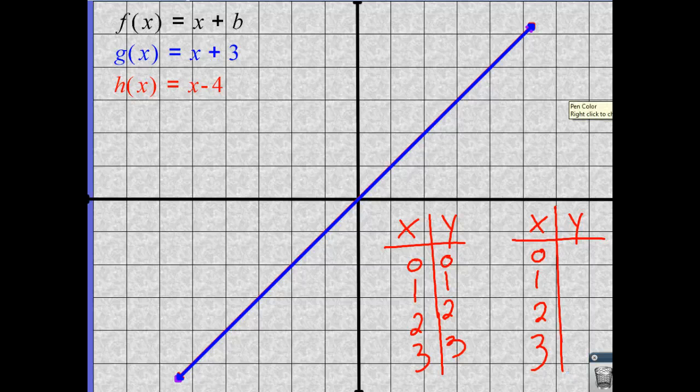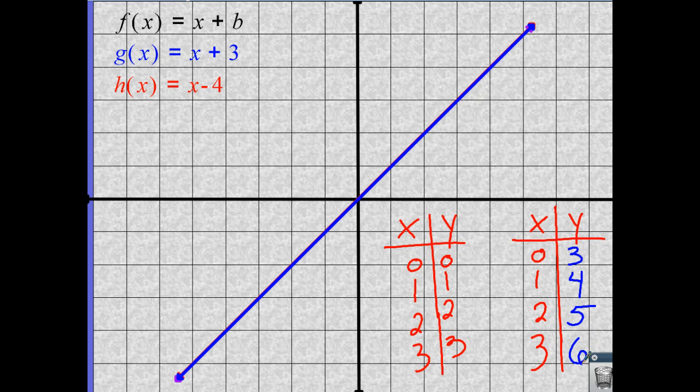Good. You're going to be adding 3 to them. So x, which was 0, added to 3 is equal to 3. 1 plus 3 is 4, 2 plus 3 is 5, and 3 plus 3 is 6.